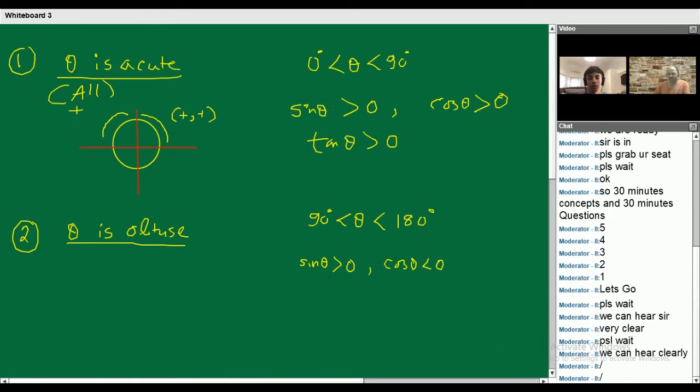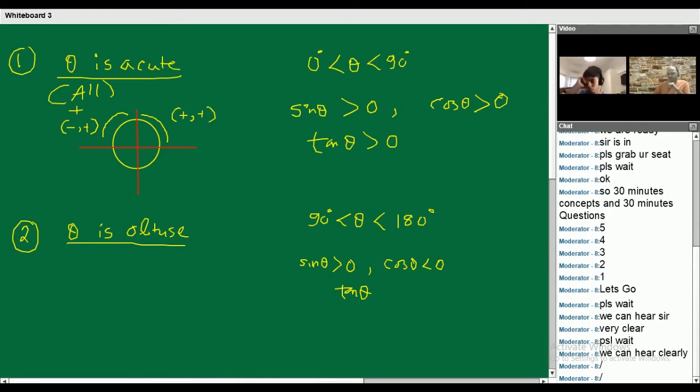What about tan theta then? Tan is nothing but the ratio of y over x.